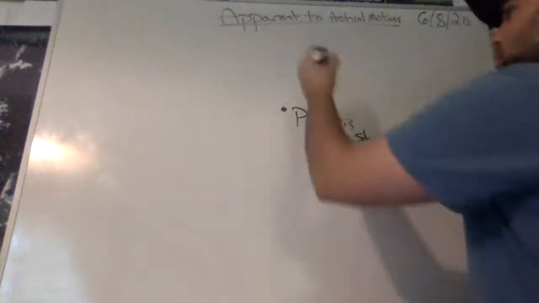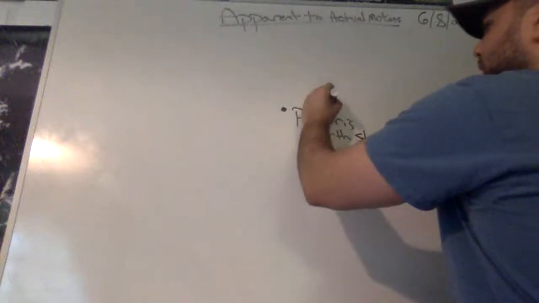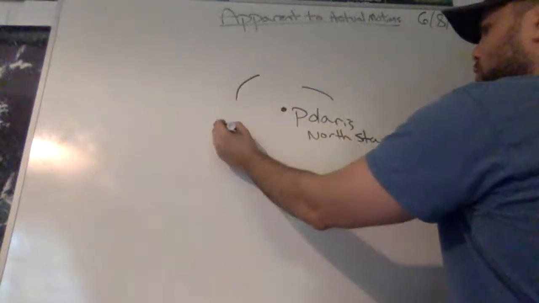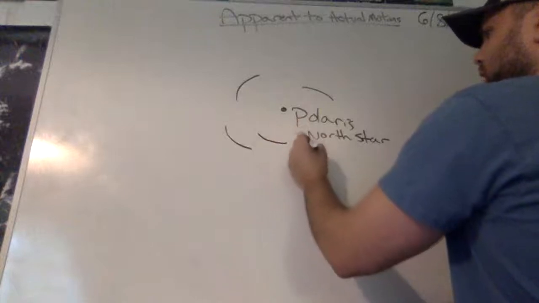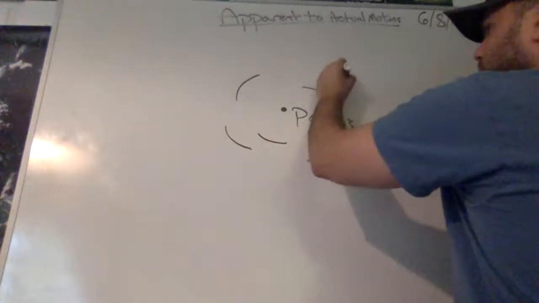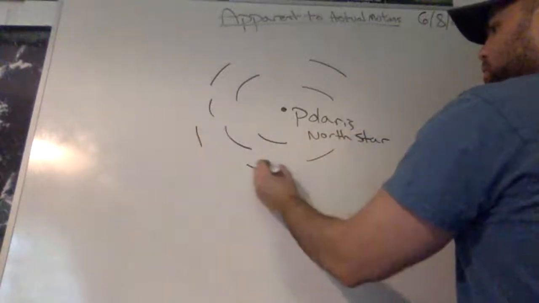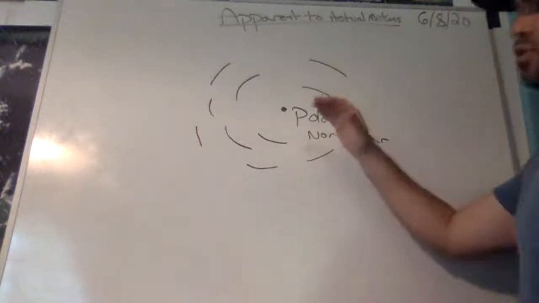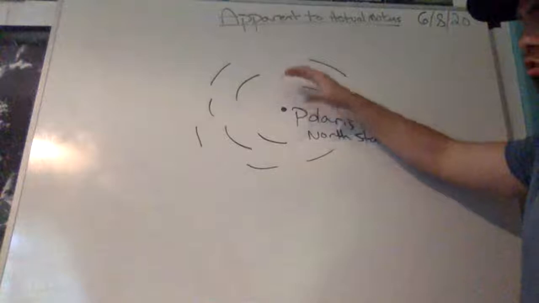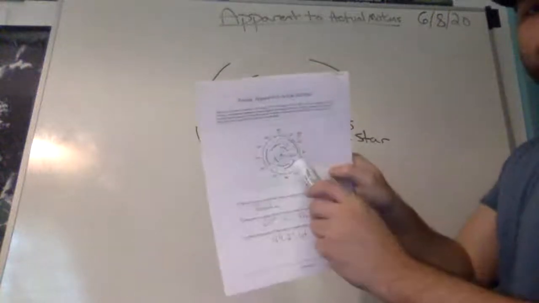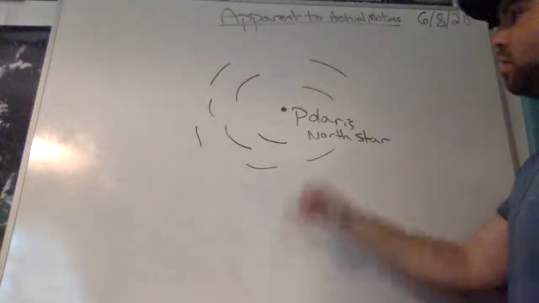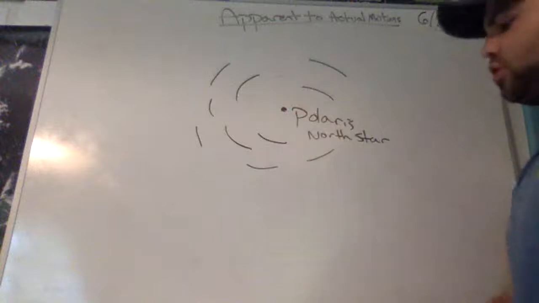Everything else moves around it. So if you have a photograph and you're taking a bunch of pictures per second, and then you're putting that into one picture, you'll get something like this graph where it has the lines moving, whereas Polaris just stays in the same position.